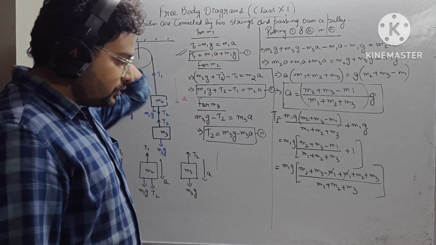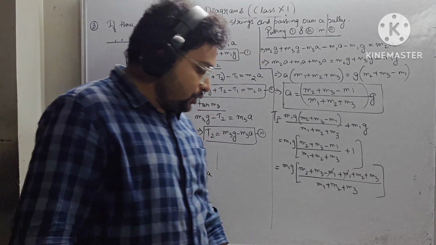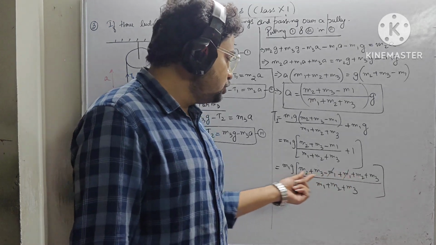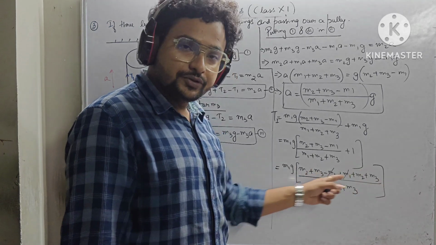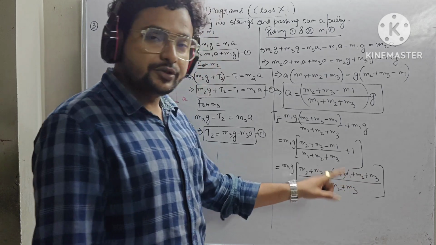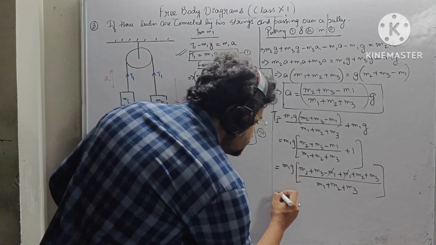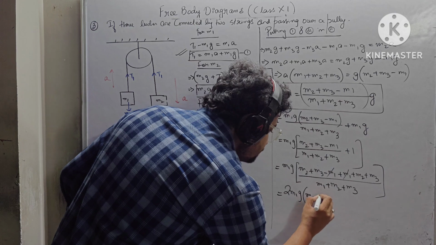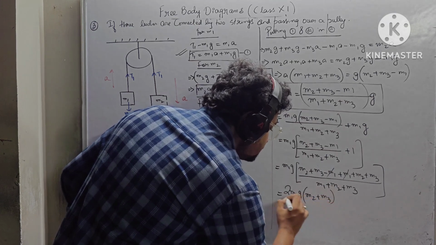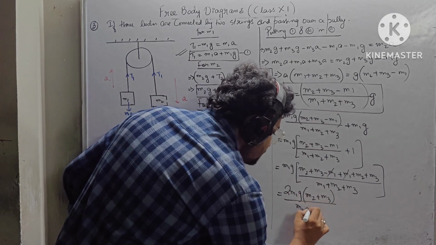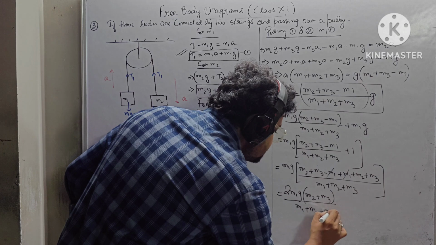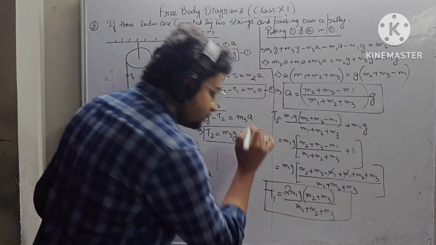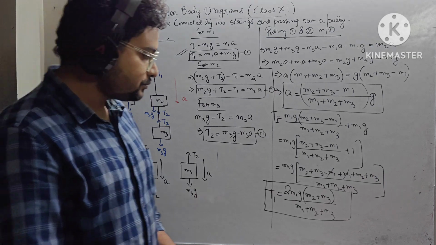I will be left with 2M2 plus 2M3. So 2 I can take common. So I can write 2M1G M2 plus M3 divided by M1 plus M2 plus M3. This is your T1.